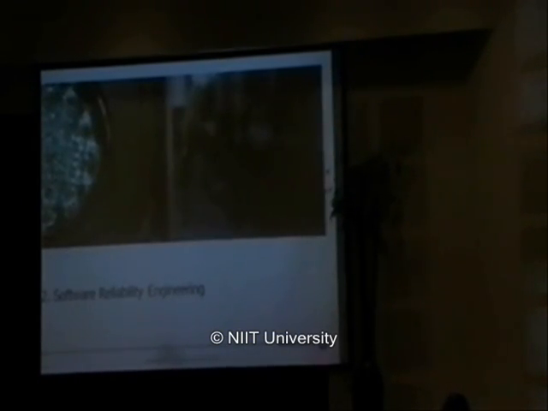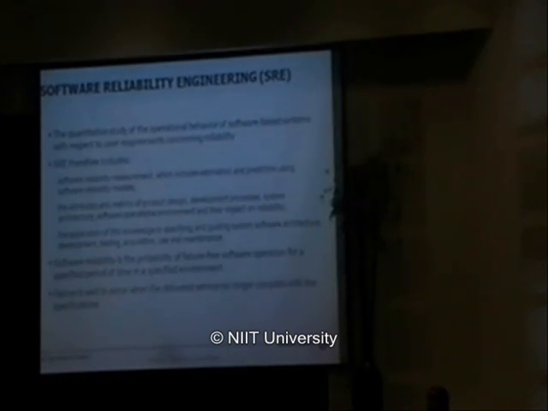So let me now give you a few definitions on software reliability engineering, because the models that I'll be presenting fall in the area of software reliability engineering. So we talked about what is software reliability, what is reliable software. The formal definition of software reliability is the probability of failure-free software operation for a given period of time in a specified environment.